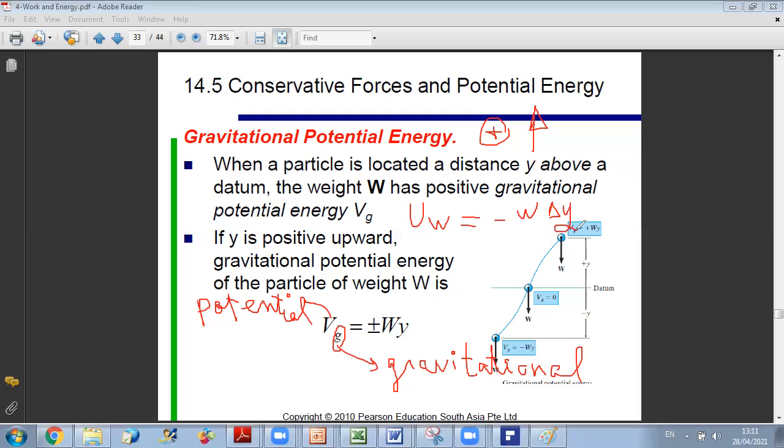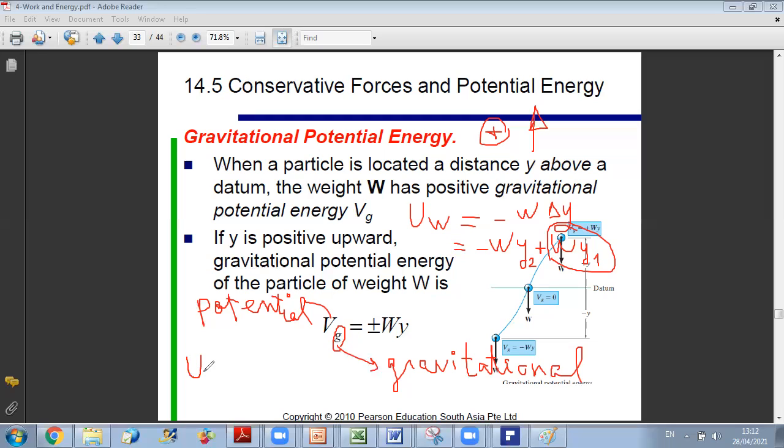So if you want, I can write it as minus w y2 plus w y1. Right? It is as if there is a function, w y, such that the weight is the variation of this function, the delta of this function. This is why we can say that in this case we can define a potential function that will give us the work of the weight.